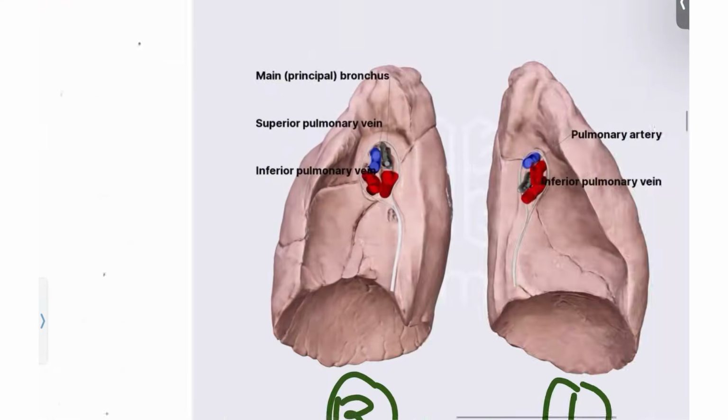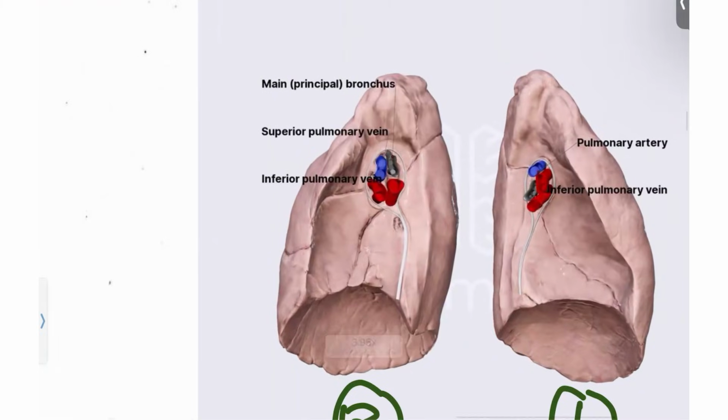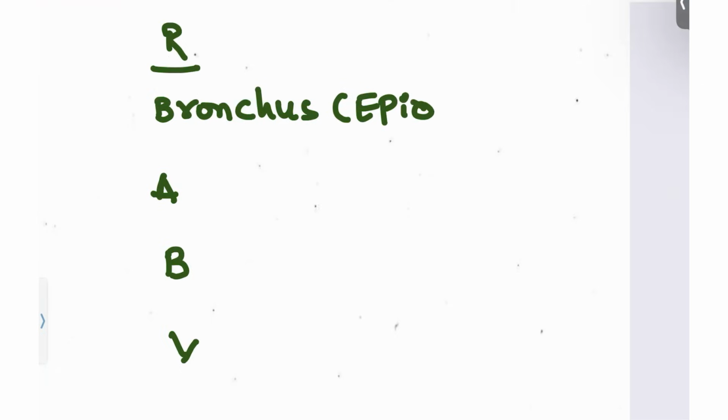What is on the right side of the hilum? Here you can see first there will be a bronchus and there will be a vein, and again there will be a bronchus, again artery. This way it will be presented. From up to down, the first one is the bronchus structure, and this is known as the eparterial bronchus.